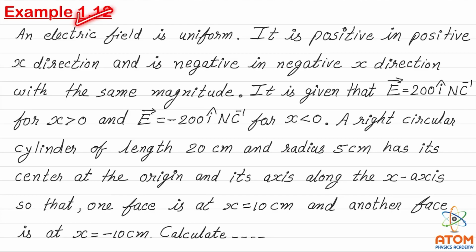Now example 1.12. An electric field is uniform. It is positive in positive x direction and is negative in negative x direction with the same magnitude.